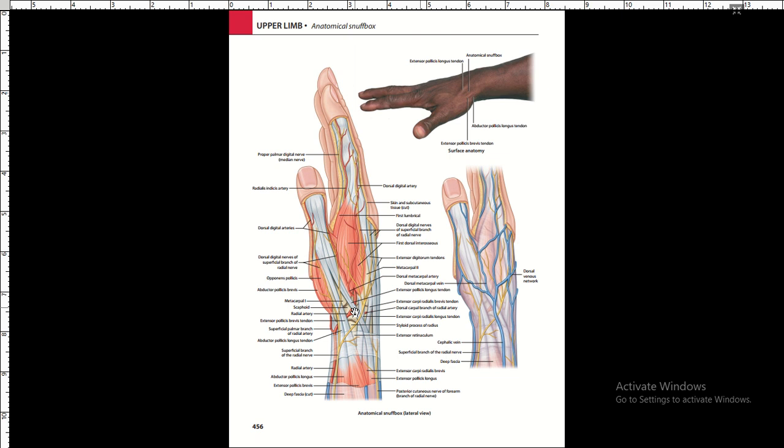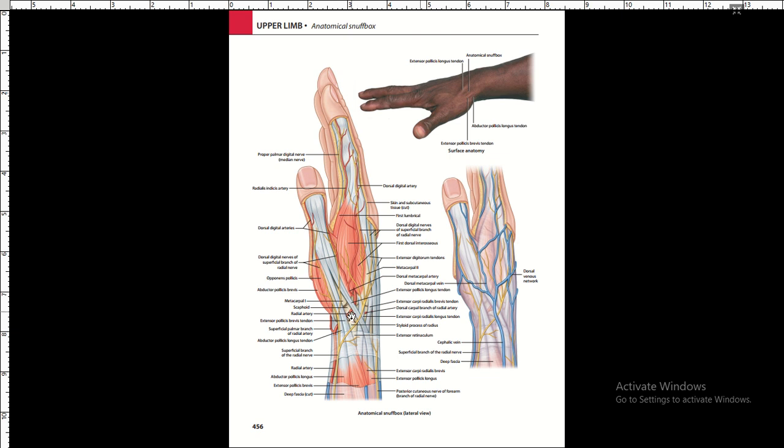It's going to be a content, as well as the scaphoid bone. Superficially, you're going to have the cephalic vein also being a content of your anatomical snuff box. So let's go again. What are the contents? The cephalic vein, the superficial branch of the radial nerve, the radial artery, and the scaphoid bone.